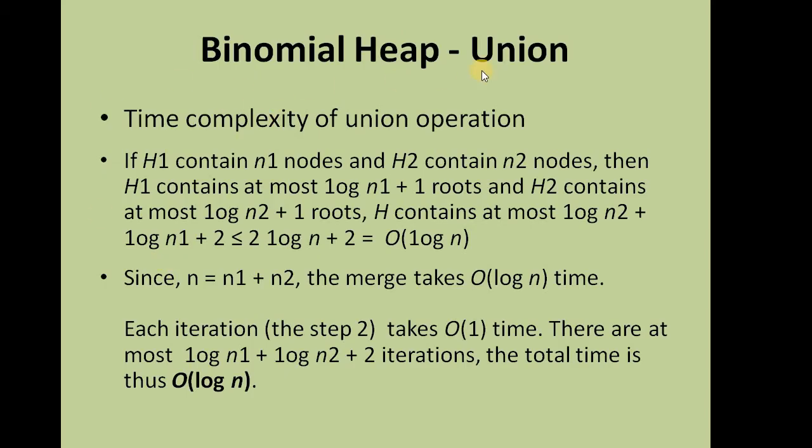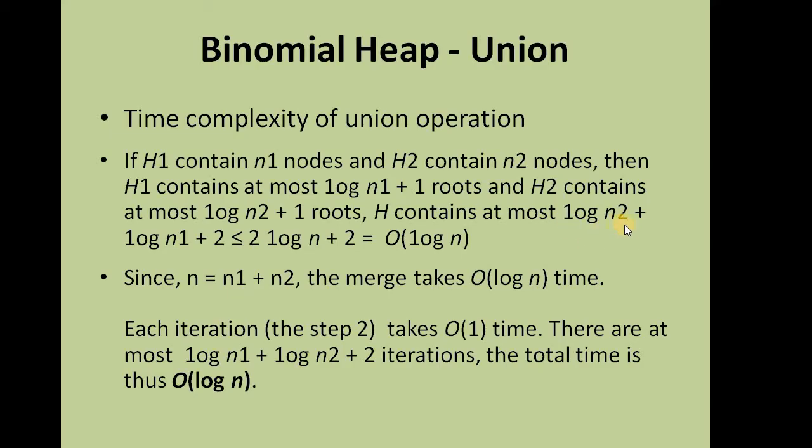Now let's talk about the time complexity of the union operation. Say H1 contains N1 nodes and H2 contains N2 nodes. Then H1 contains at most log of N1 plus 1 roots and H2 contains at most log of N2 plus 1 roots.